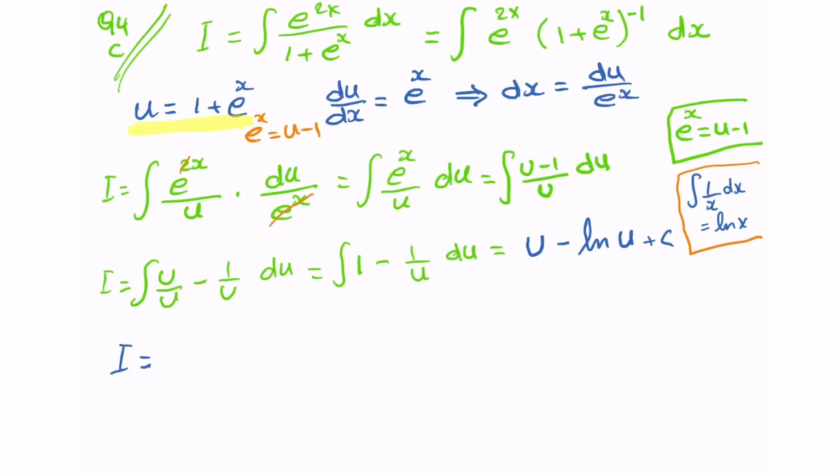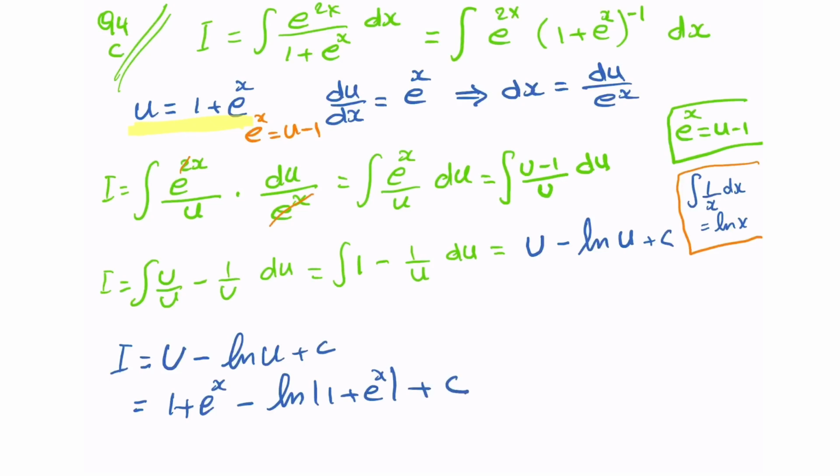So u is 1 plus e to the power x, so instead of u we get 1 plus e to the power x, minus ln of 1 plus e to the power x, plus c. And again, that's it. I hope you understand.